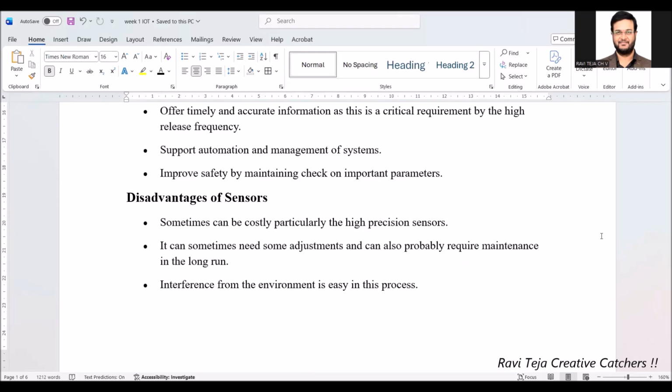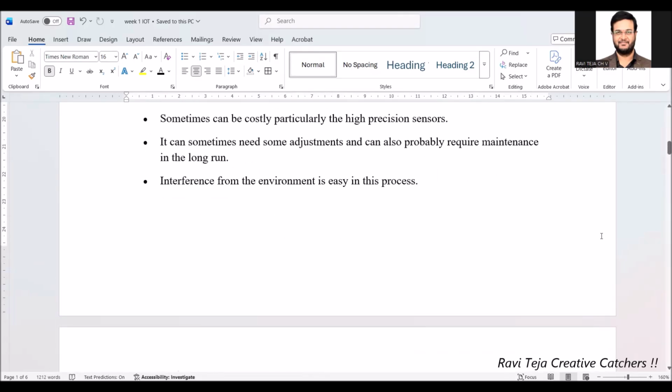If you have high precision infrared detectors or infrared sensors, we get them for costly amounts only. Another disadvantage is that it can sometimes need some adjustments and can also probably require maintenance in the long run. So interference from the environment is very easy in this process.